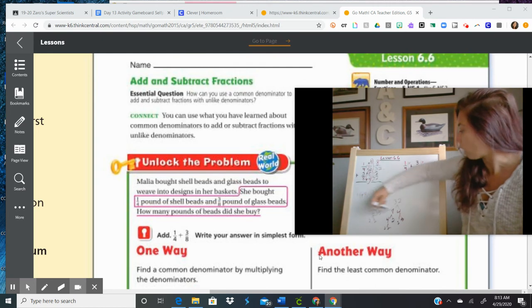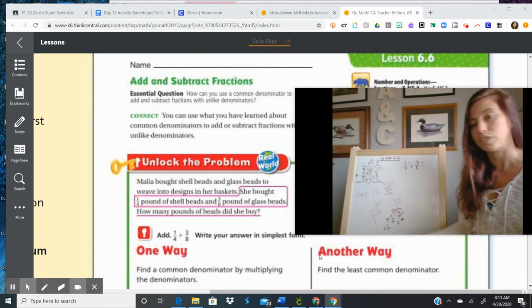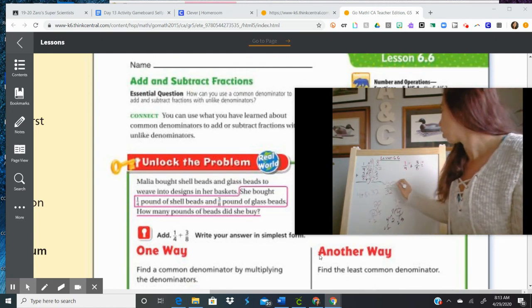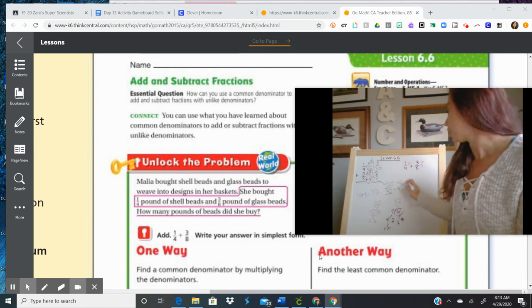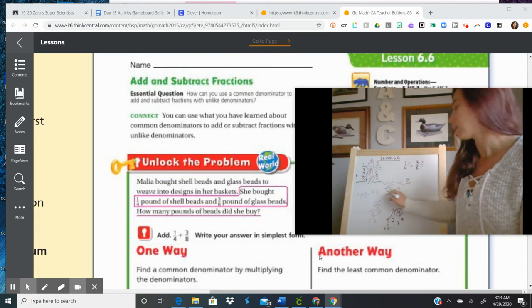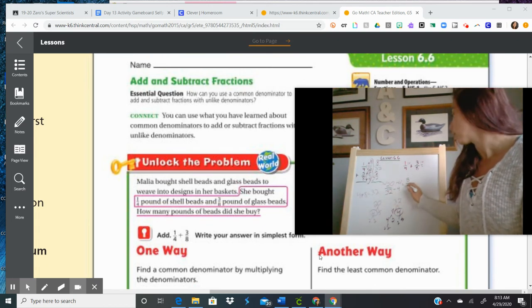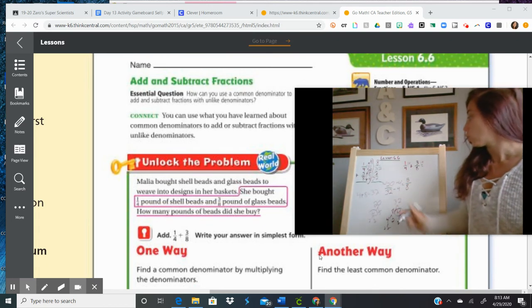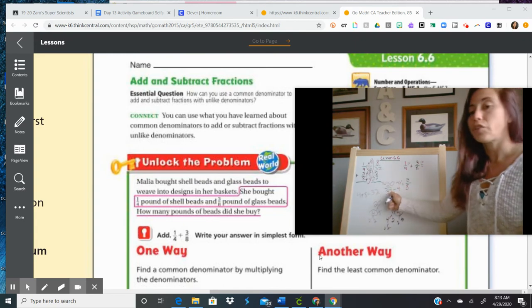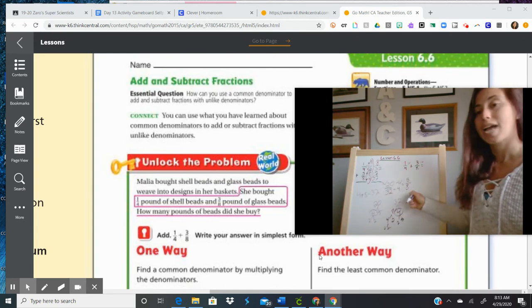So we're going to be dividing by 4 to find the simplest form. So make sure whatever you do to the bottom, you do to the top. 20 divided by 4 is 5, and 32 divided by 4 is 8. So the simplest form of 20 32nds is 5/8.